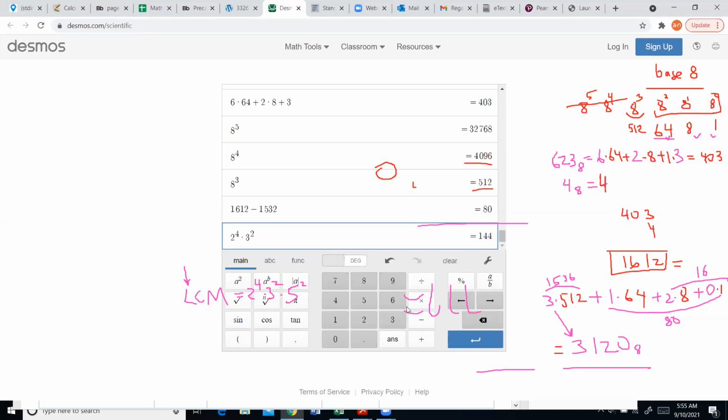Do it right. Because if you make a mistake, you'll lose the point on the test, right? So I want to just put it in the calculator and get the answer. It looks like this. The least common multiple happened to be 3600. So this is your answer.